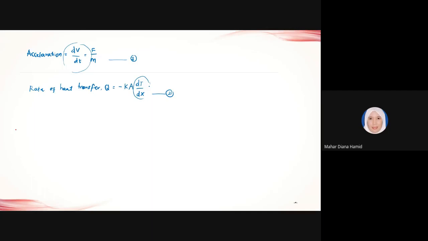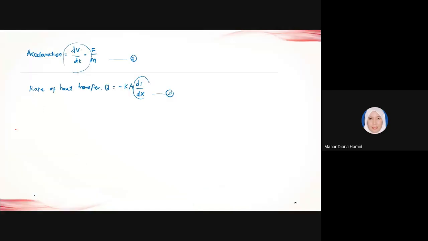So for example, in equation 1 here, V is the dependent variable. Similarly with T.